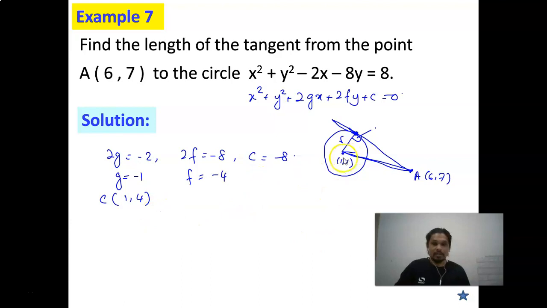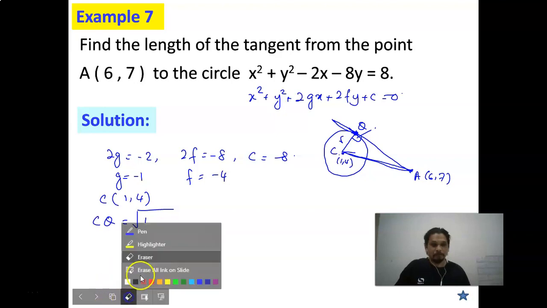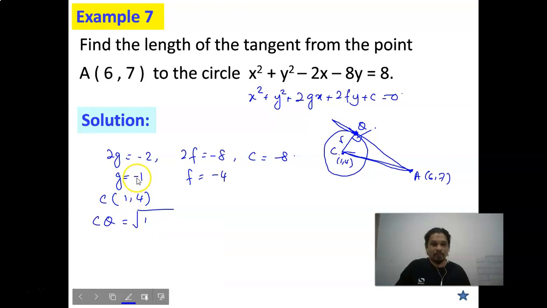Okay, so just imagine if I put this center as C, here as Q, and this is A. So CQ, from C to Q, equal to the distance of the radius here, which is square root of g squared plus f squared minus c. g is negative 1, so negative 1 squared is 1, plus negative 4 squared equal to 16, minus negative 8.